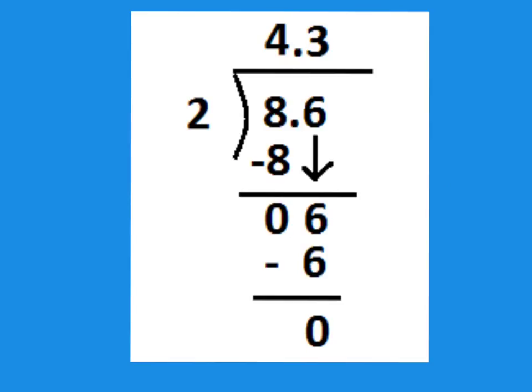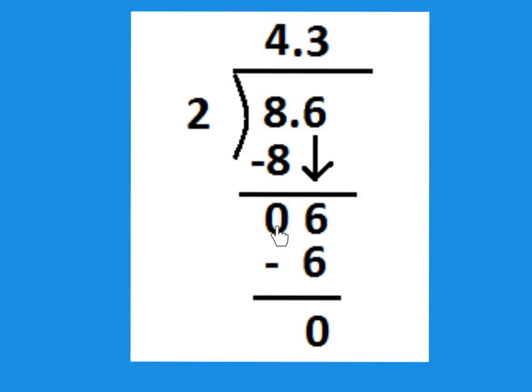You'll see here that we have a division problem that includes a decimal point in it. What we've done is we've just taken the decimal and we've moved it straight up from the dividend into our quotient. That means straight up. And we put it right there, and then we divide like normal. 2 goes into 8 4 times. 4 times 2 is 8.